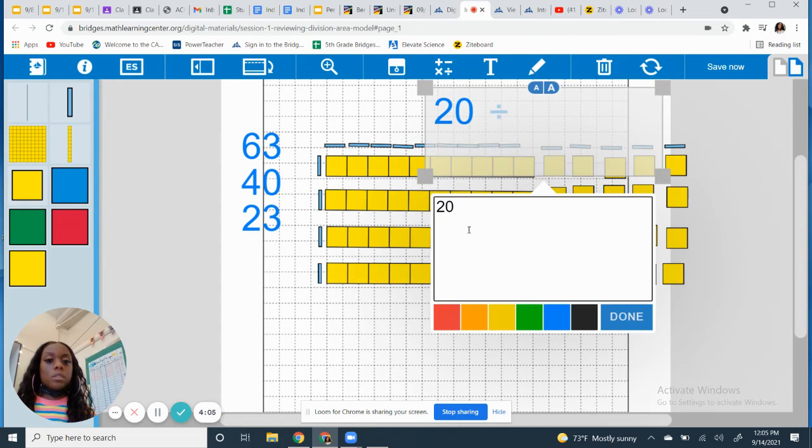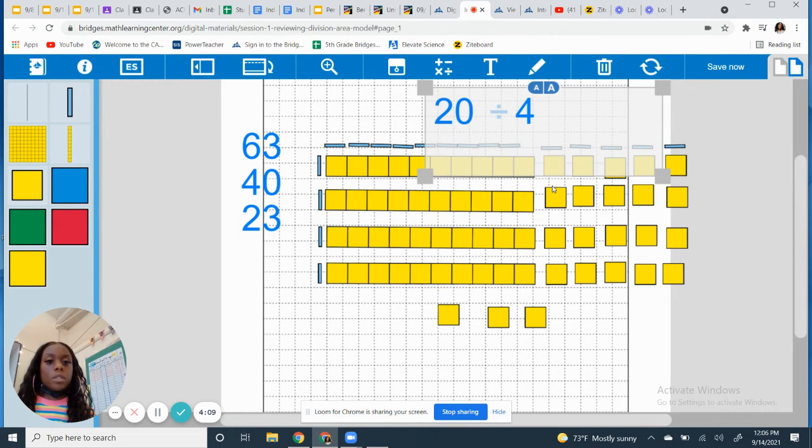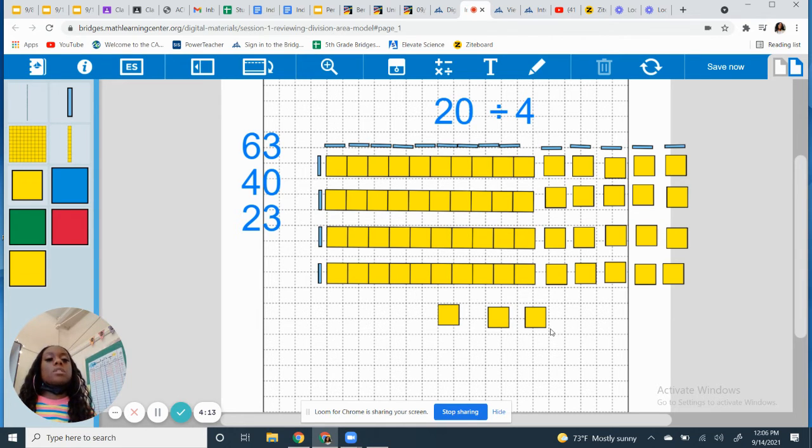Okay, let's do this. 20 divided by 4. Let's see. 20 divided by 4 is 5, which is why we have 1, 2, 3, 4, 5 pieces here, single pieces. 1, 2, 3, 4, 5, 1, 2, 3, 4, 5, 1, 2, 3, 4, 5. So in all, up here up top, we have 60 balloons.